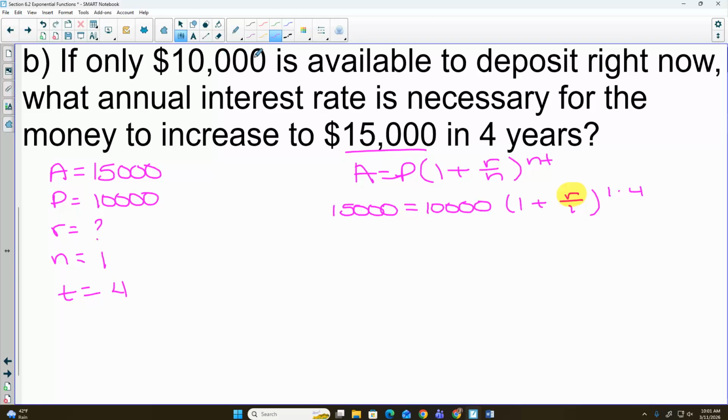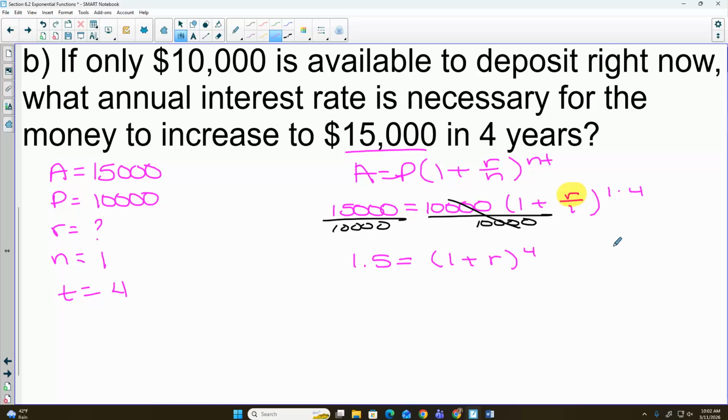What would we do first? Okay. So how about, let's move this 10,000 first. We could multiply by 1 over 10,000 or just divide by 10,000. You get 1.5 equals 1 plus R divided by 1 is just R. 1 times 4 is 4.